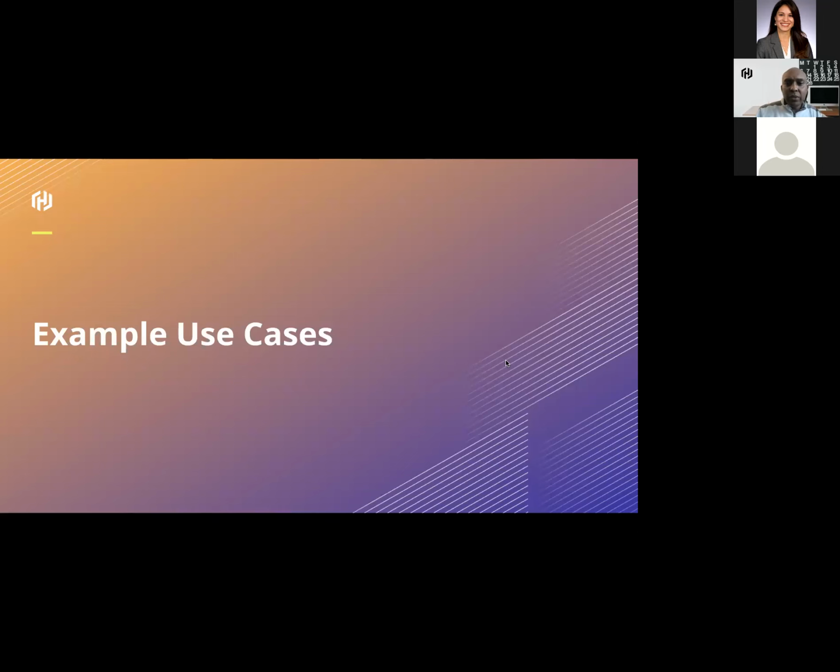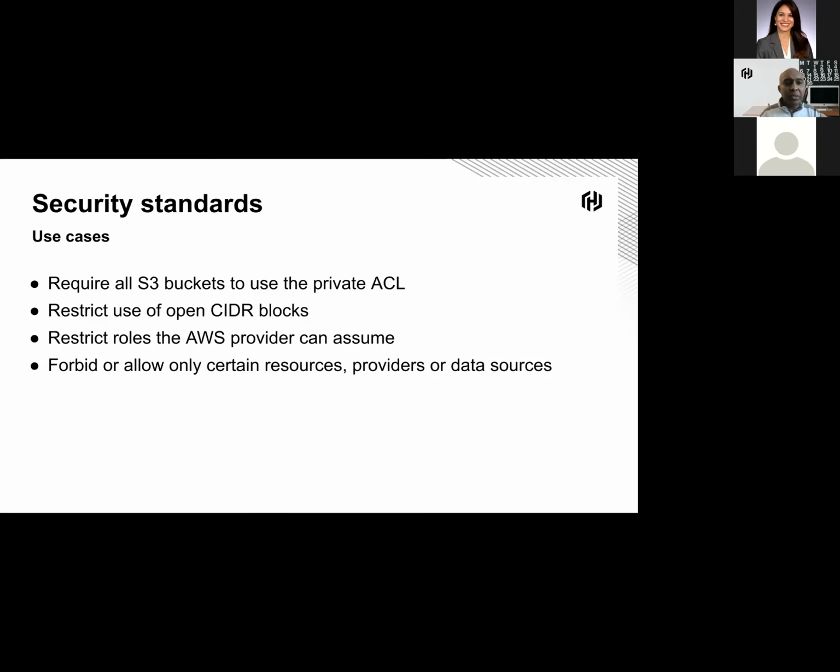So what are the sample use cases where we see it applied? So some of those around security standards. This is what we typically see. This is some of the most common. All S3 buckets must use a private access control list, right? So what does this mean? It means don't set up storage in the cloud and leave it open to the rest of the world, right? This is like number one mistake probably in the cloudscape, right?